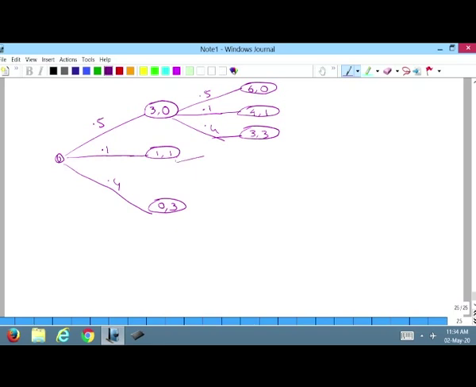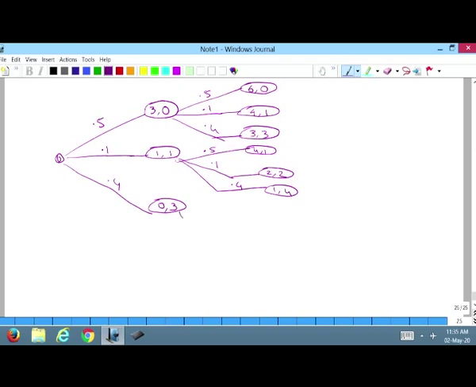From 1, 1 with 0.5, it is going to be 4, 1. With 0.1, it is going to be 2, 2. And with 0.4, it is going to be 1, 4.